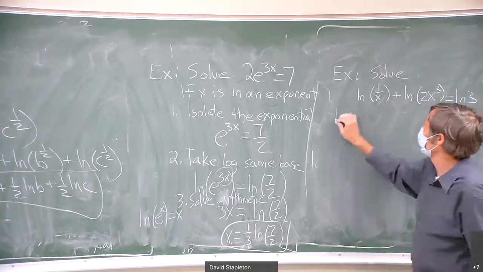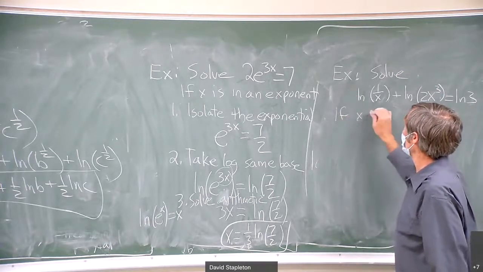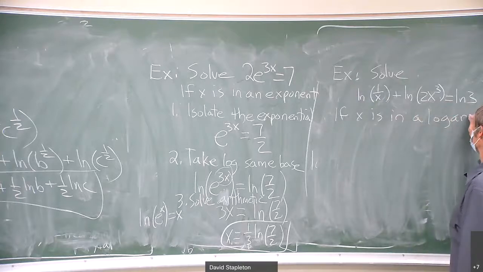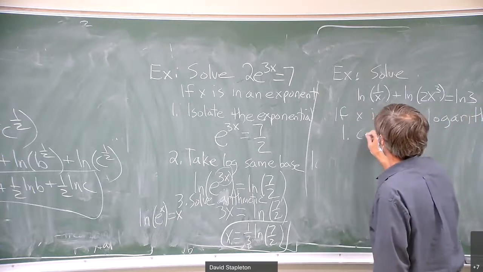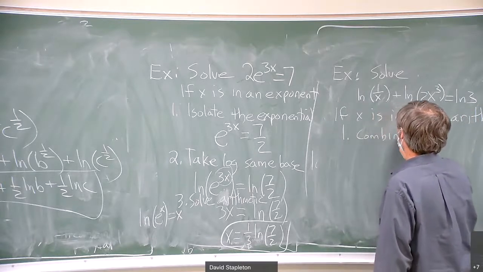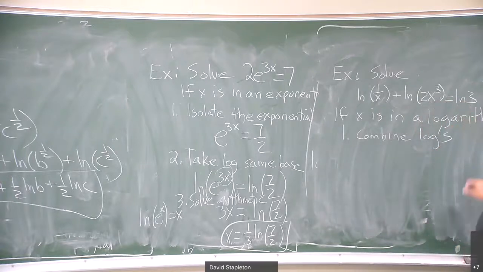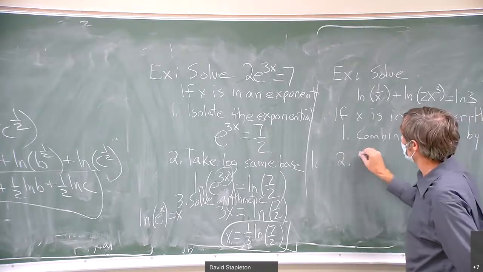And the strategy here is if x is in a logarithm, you combine the logarithms using the properties that you had, and then take the exponential of both sides with the same base.